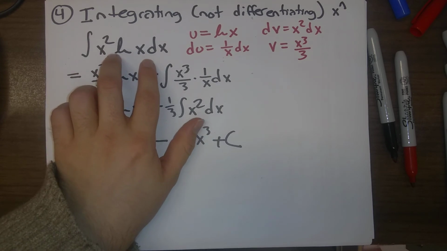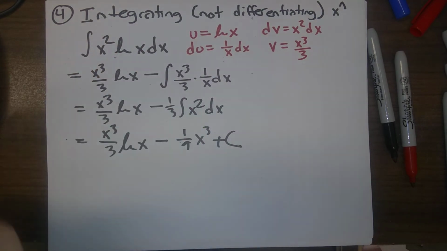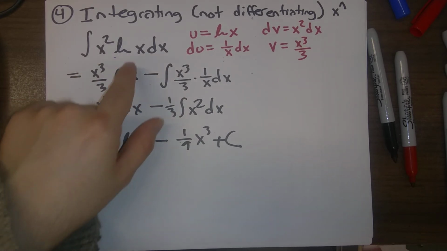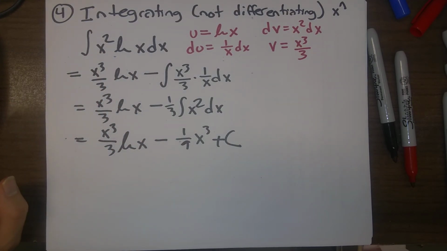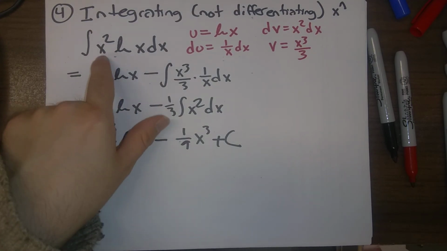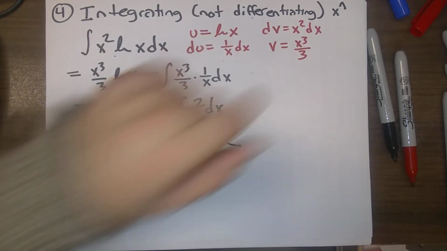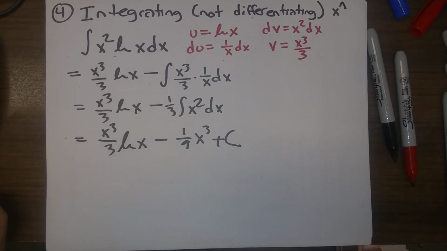So once again, here we have natural log. Natural logs and inverse trig functions really demand to be u. And so if we see a natural log here, it kind of cuts in line, it gets to be u, and so x squared is relegated to being part of dv.